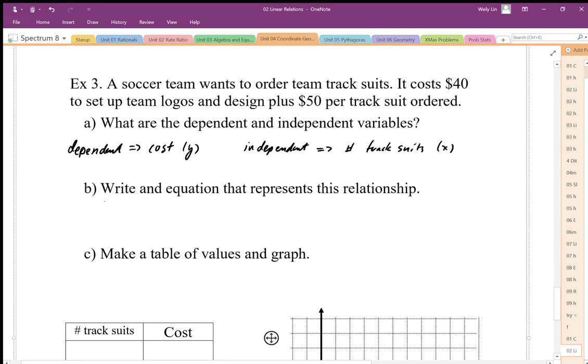The cost is going to be equal to... so what's involved in the cost here? We have our initial fixed cost, $40, plus we're going to go up by $50 per tracksuit. Now notice that this is a rate.